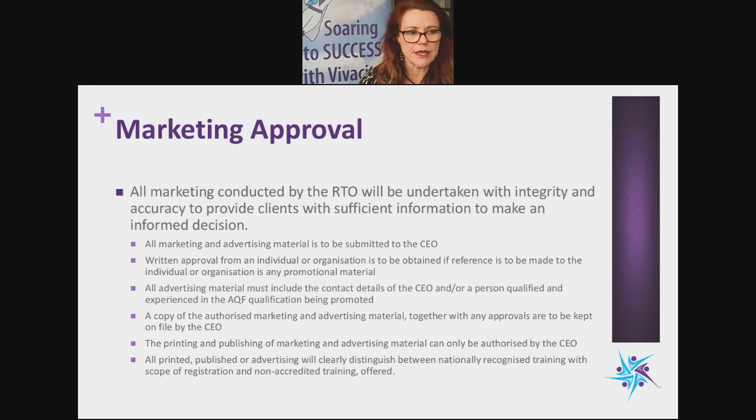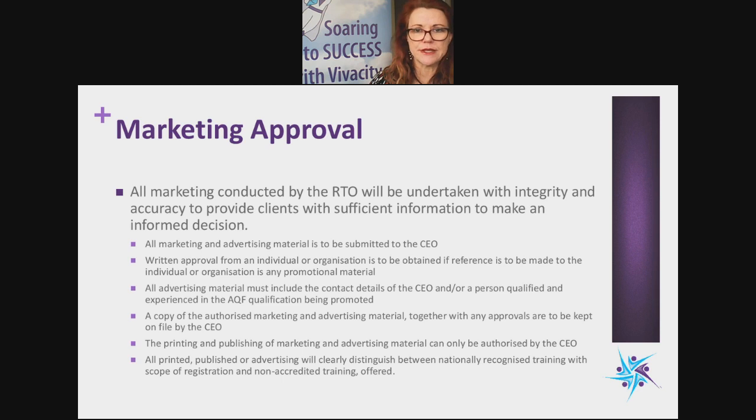So we have a process in the Policies and Procedures Manual with regards to approval of your marketing. All marketing conducted by the RTO will be undertaken with integrity and accuracy to provide clients with sufficient information to make an informed decision. So in our policies and procedures, we include that all the marketing material is submitted to the CEO and that the CEO signs off on it.